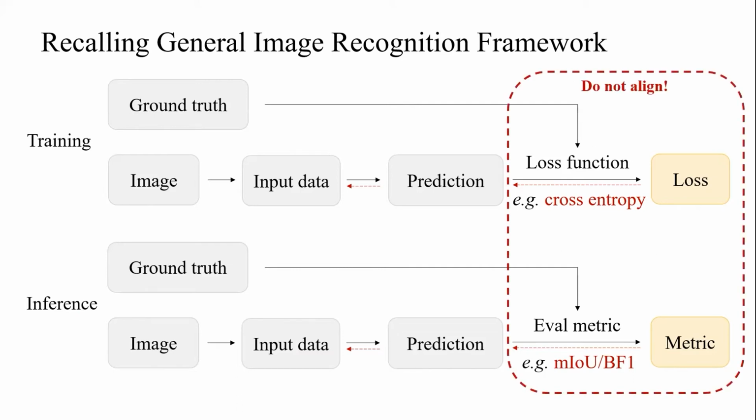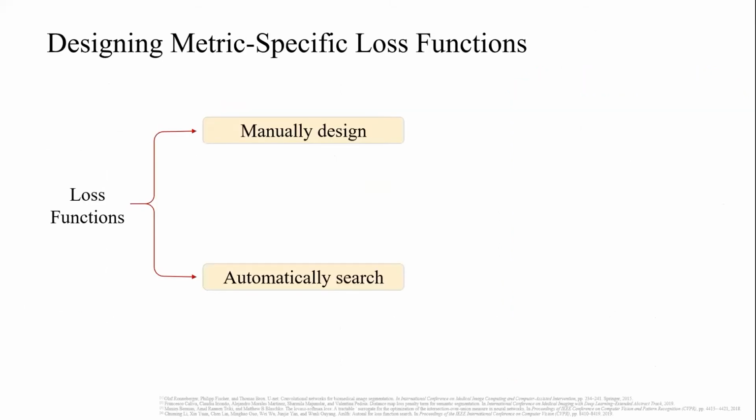Therefore, there exists a misalignment between loss functions and the evaluation metrics, which may lead to suboptimal training results. However, most evaluation metrics are non-differentiable and cannot be directly utilized as a training loss. To address this problem, we need to design differentiable loss functions for specific metrics.